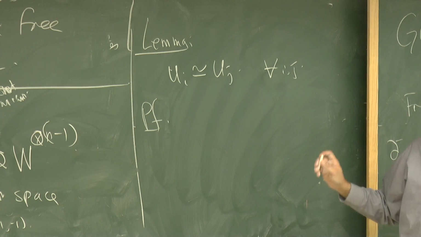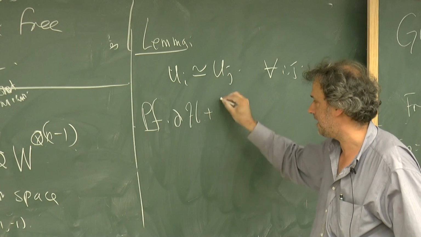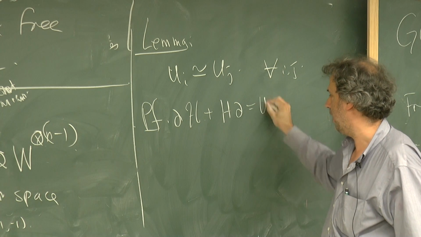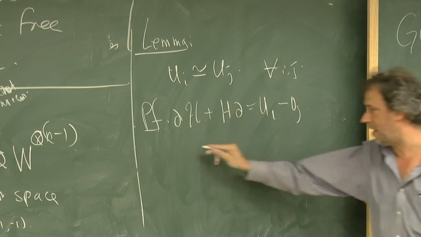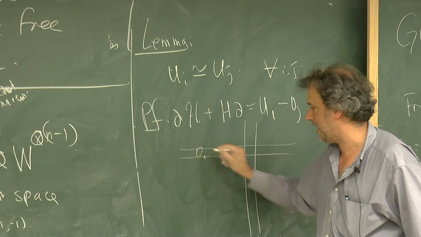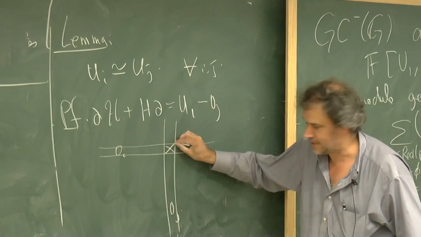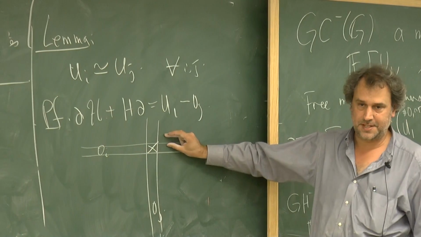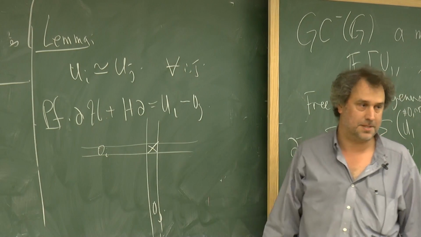So we have to define a homotopy operator that satisfies boundary h plus h boundary is equal to U_i minus U_j. Now, let's not define that in general, but let's assume that O_i and O_j have the property that there is a single X that lives in the same row as O_i and in the same column as O_j.